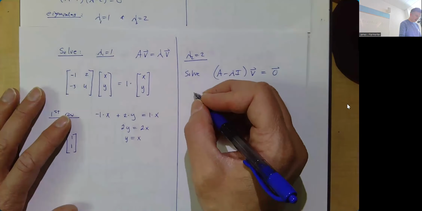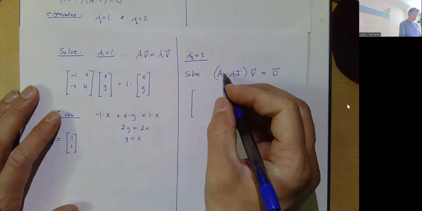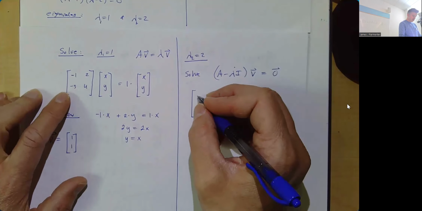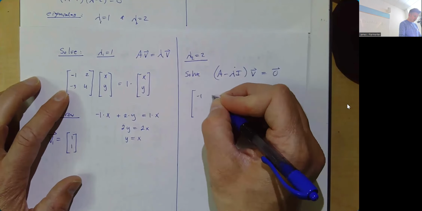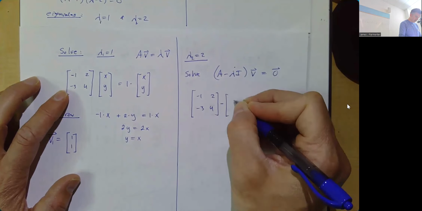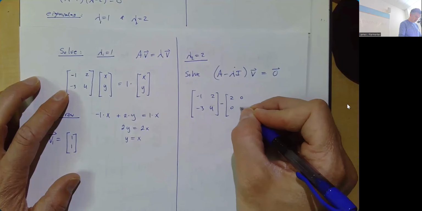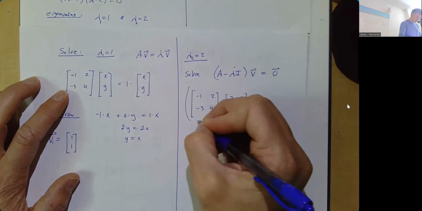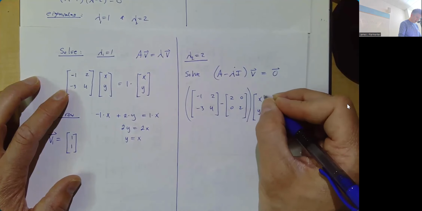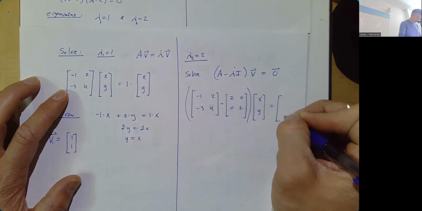So writing it this way, and here lambda is equal to 2, it's the matrix A, which was -1, 2, -3, 4, minus, I know I'm doing it the long way, times the vector v, which I'm still going to call xy, equal to the 0 vector, which is 0, 0.